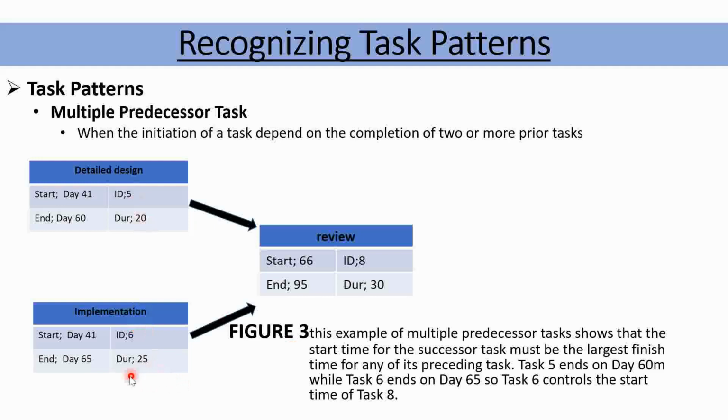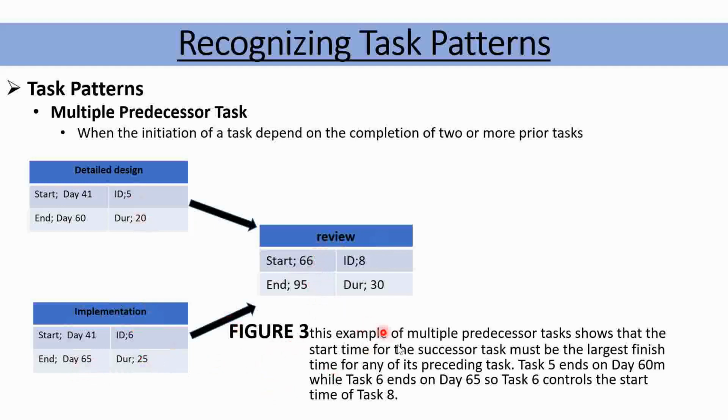So this one, the one with the largest duration, controls the start time of what? Of a successor task, which is the review task, right? So this one will end on day 65. Therefore, this one will begin on day 66. I hope we are clear there. Now, let me read this example for you.